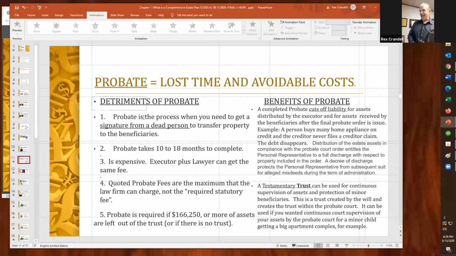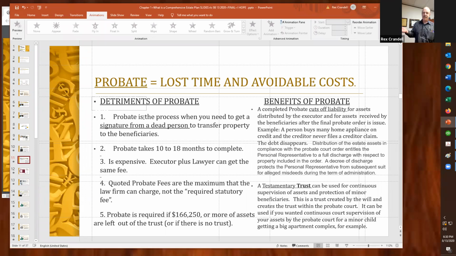Okay, probate means lost time and avoidable costs. I see a lot of presentations on estate planning that say probate has absolutely no benefits. There are benefits to probate.